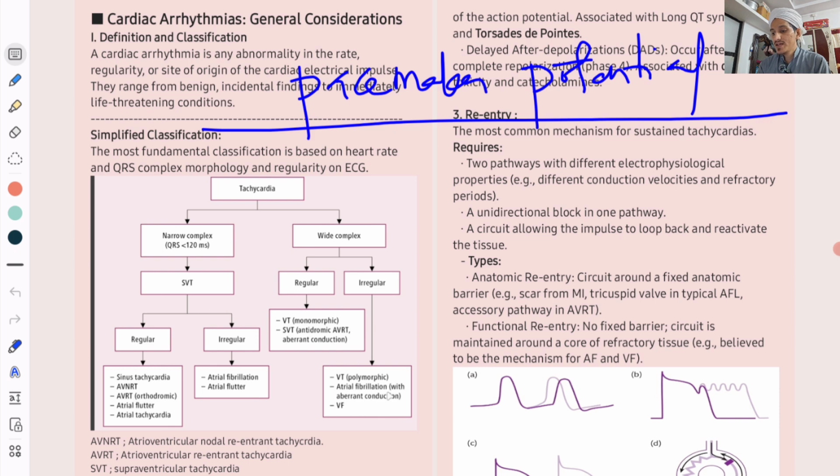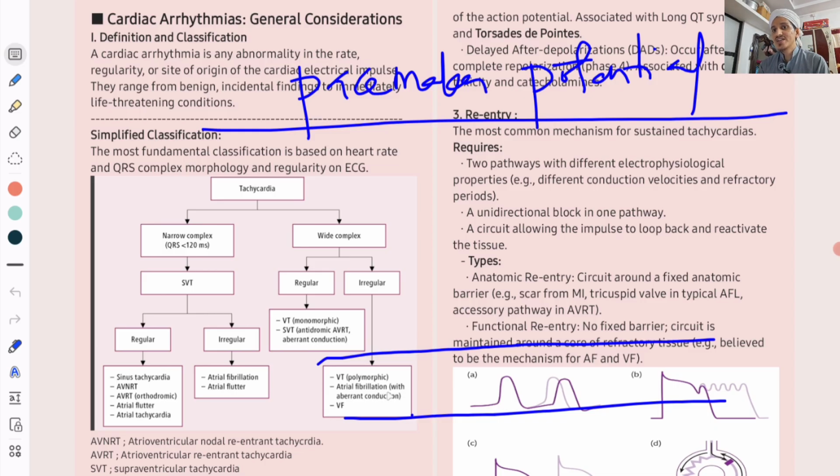So normally there are something called funny currents. There is a baseline membrane potential, as we all know, that is maintained mainly by the sodium potassium ATPase pump. Outside will be positive and inside will be negative. That is the normal membrane potential which every cell has in our body. But when it is depolarized, outside will become negative and inside will become positive.